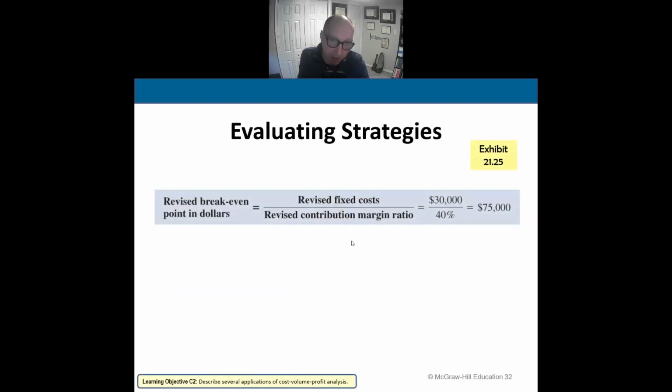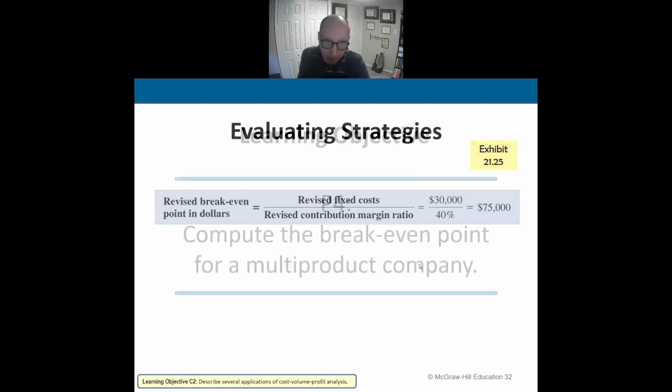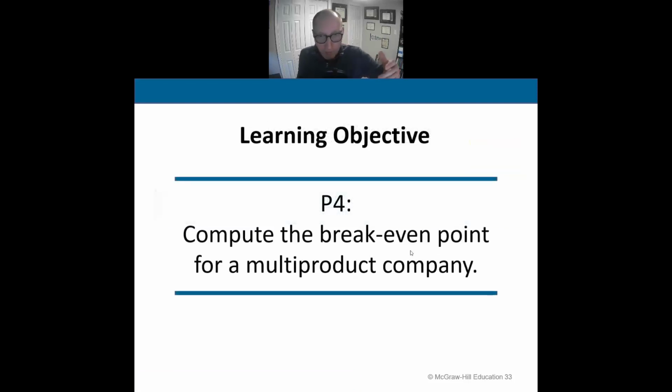You can do the same exact thing for the revised break even in terms of number of units. You can take revised fixed cost divided by your contribution margin per unit, and that will give you your revised number of units you need to sell. Just remember that when there's a change in the sales price, you're going to need to revise your break-even point.